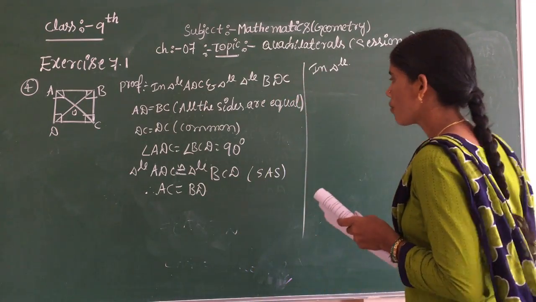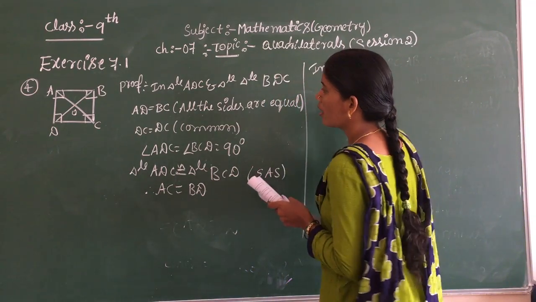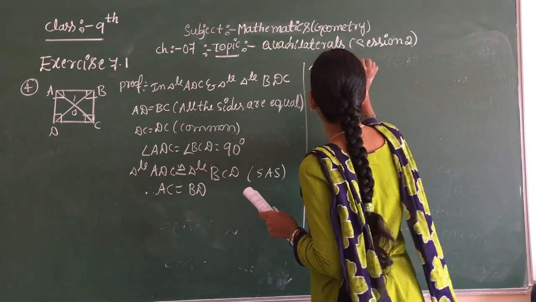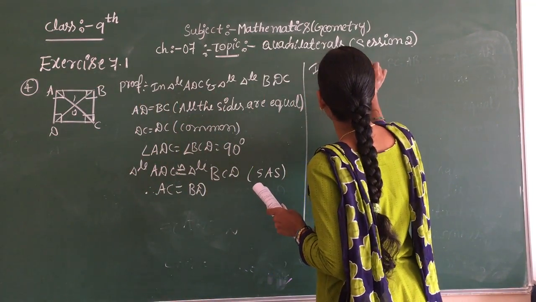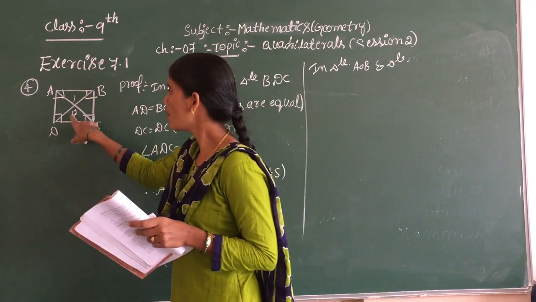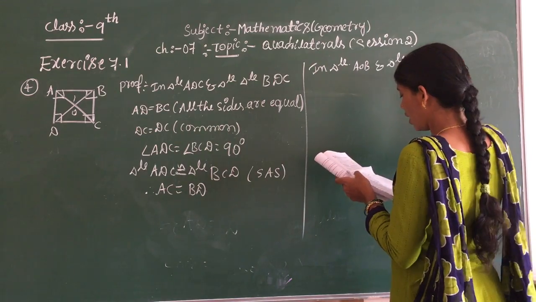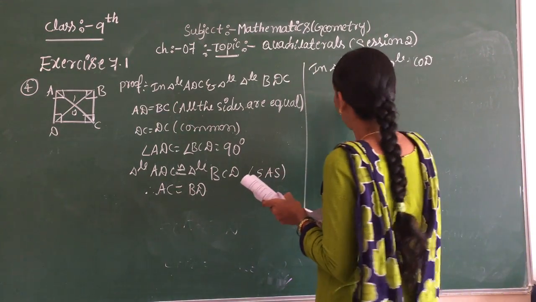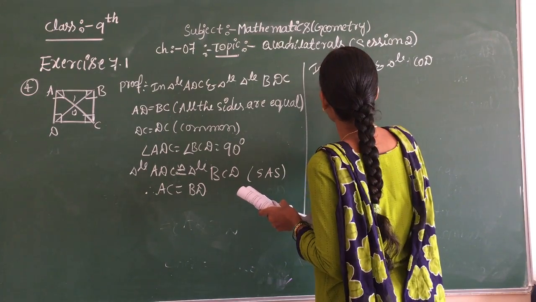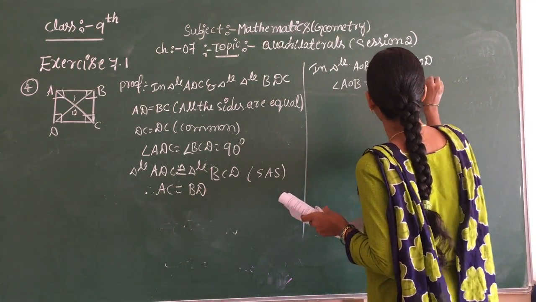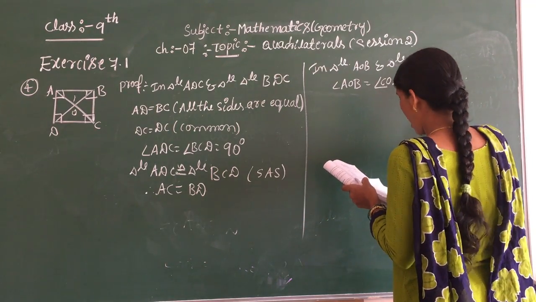So first one is AOB, this side, AOB and triangle, which one is that? Opposite, DOC or COD. Angle AOB is equal to angle COD. Why? Because this is vertically opposite angles.